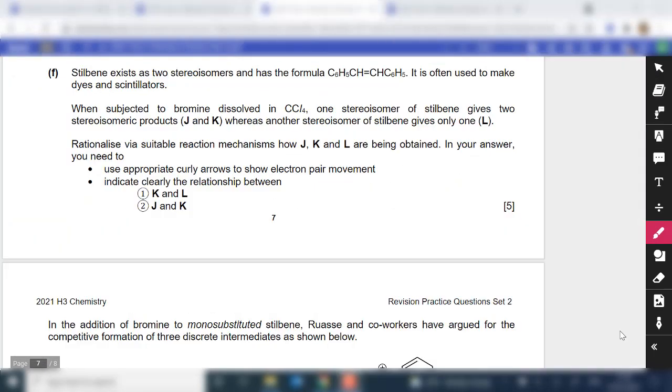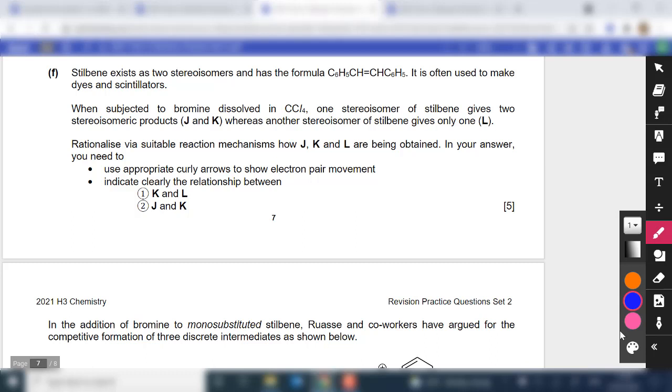Okay, the second last part will be looking at part F. Maybe before I continue, I would like to stress that part F is actually not in your H3 curriculum. It is very explicitly mentioned in the syllabus document that for your current H3 syllabus, only nucleophilic substitution, and some form of addition elimination, is in your syllabus.